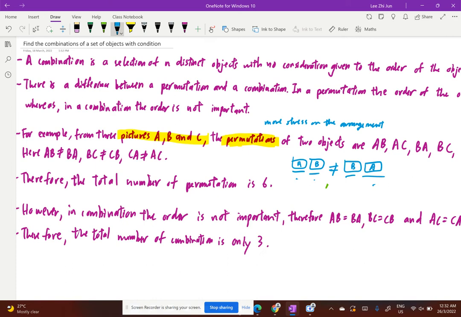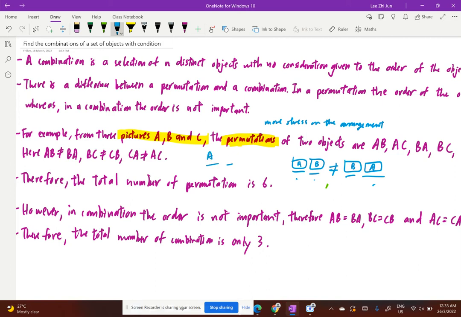But for combination, I choose from the same pictures A, B, C. If I ask for the combination, the question will be like this: choose two pictures from it. So how many ways can the two pictures be chosen? Chosen only, no arrangement, no keyword arrangement.